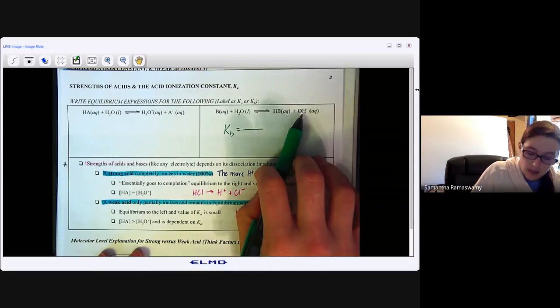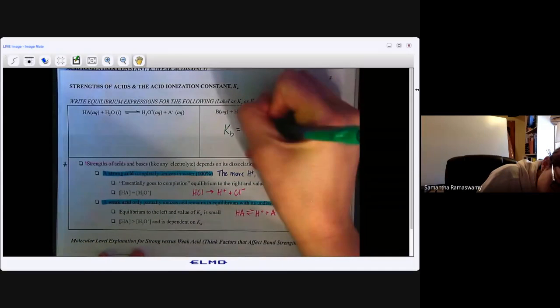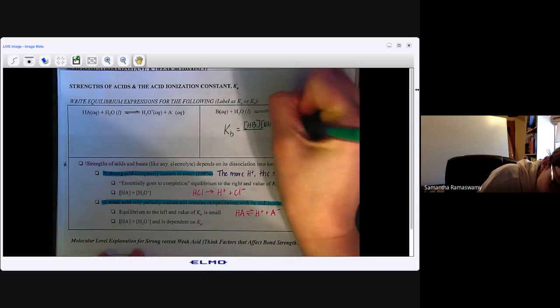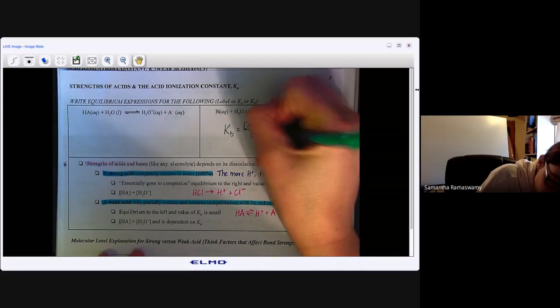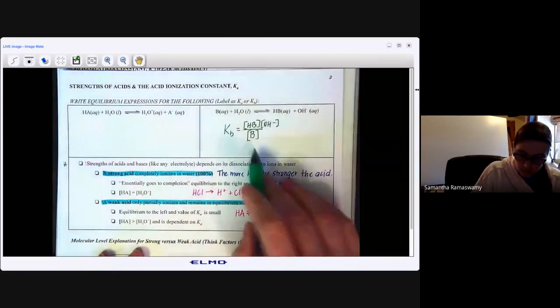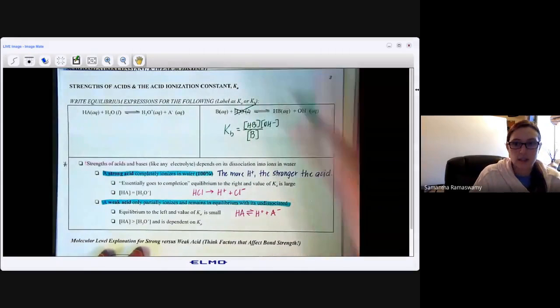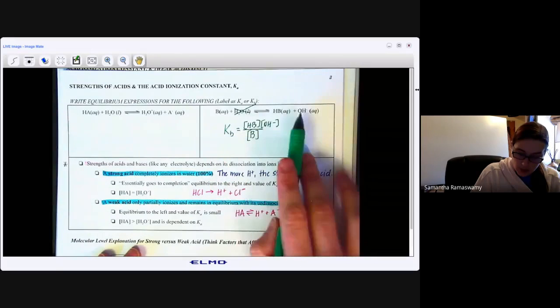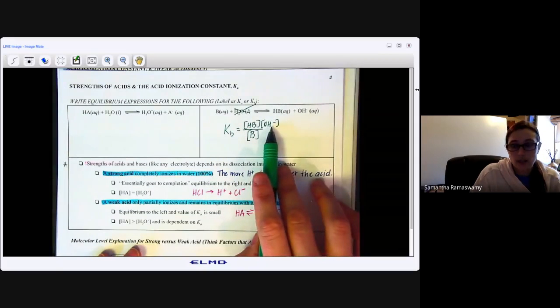So to write the Kb expression, it's still products over reactants, HB times OH- over the concentration of B. Again, water is not included because it's a liquid.